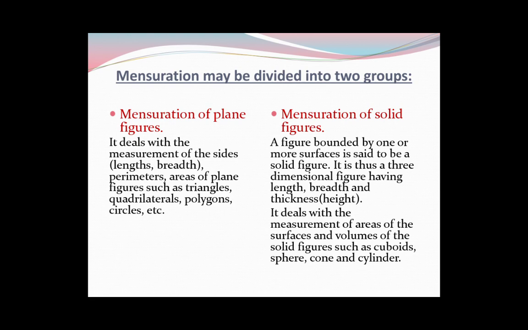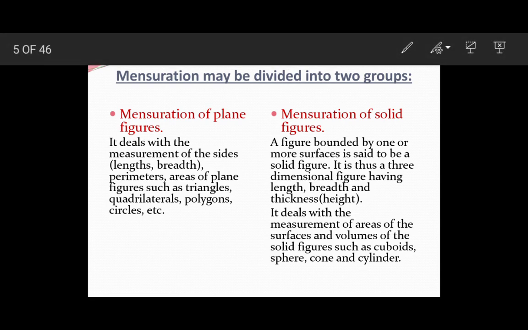See, mensuration may be divided into two groups. One is mensuration for plane figures, and the other one is mensuration of solid figures. Now, what is the difference? Plane figures deal with the measurement of the sides, that means length, breadth. We are dealing with sides, perimeters and area of a plane figure.